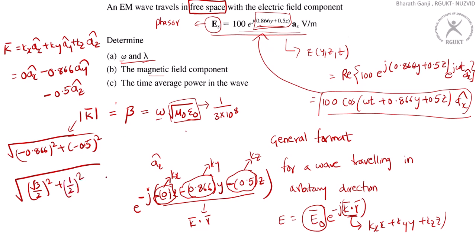So you can see the value will be 1. So the magnitude of this is equal to 1. If this is equal to 1, that means omega is equal to, you bring this 1 by 3 into 10 to the power of 8 to the other side. So you get 3 into 10 to the power of 8. The unit is radians per second.